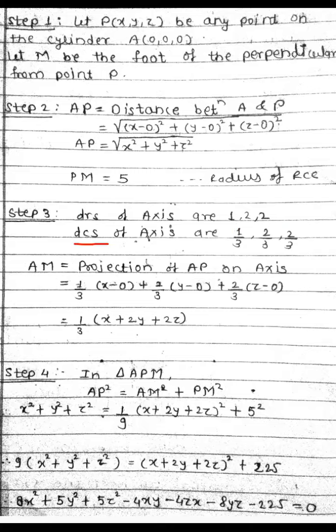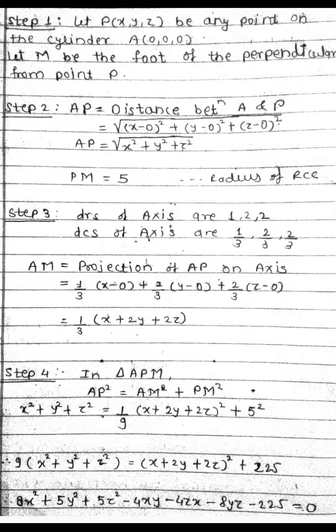So after getting the direction cosines, next find AM. AM is always the projection of the line AP on the axis. Projection means we are finding the shadow image of the line AP on the axis, and that can be calculated by taking the product of the direction cosines with the direction ratios of the line AP. The direction ratios of AP can be found by subtracting the coordinates, so it is x minus 0, y minus 0, and z minus 0.